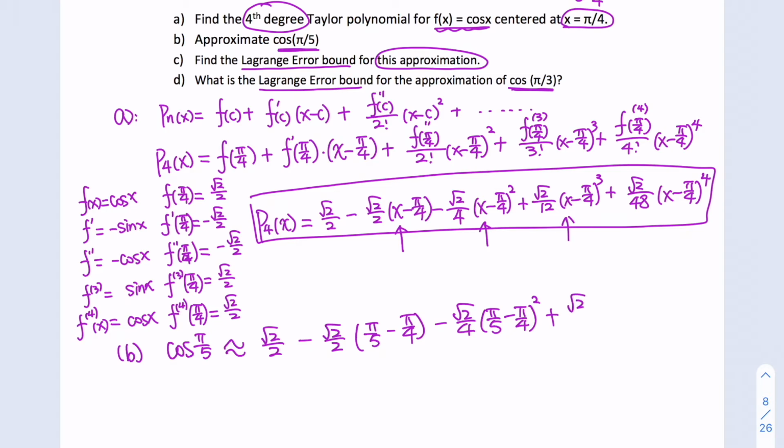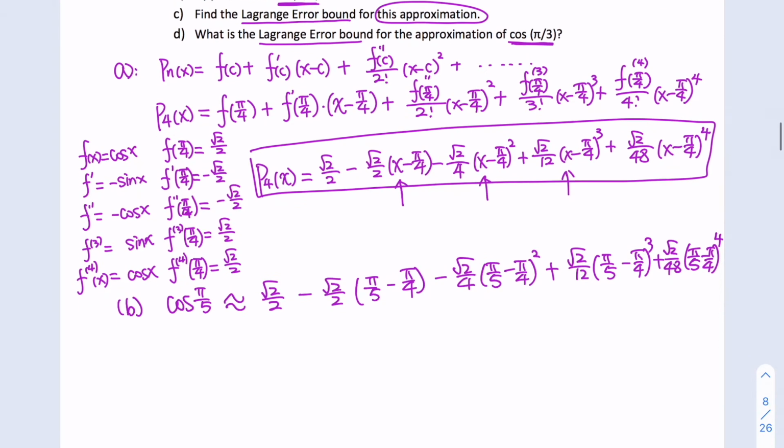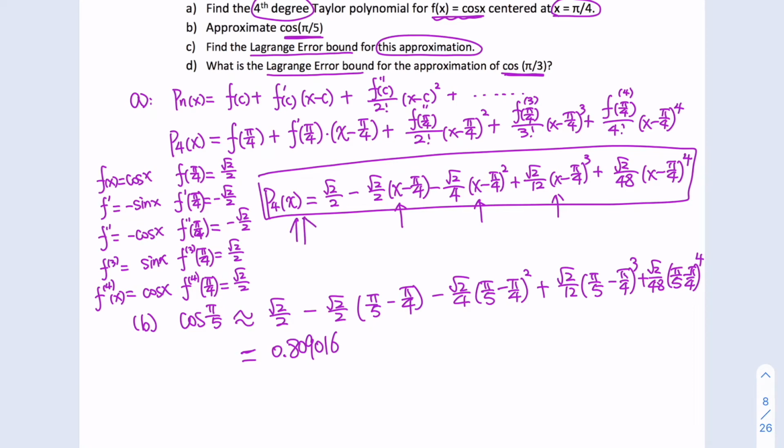Just replace everything using pi over 5. Now you can use our calculator, which gives 0.809016. Use at least 4 decimals when you solve this AP type of problem. So this is our polynomial, and this is our approximation.